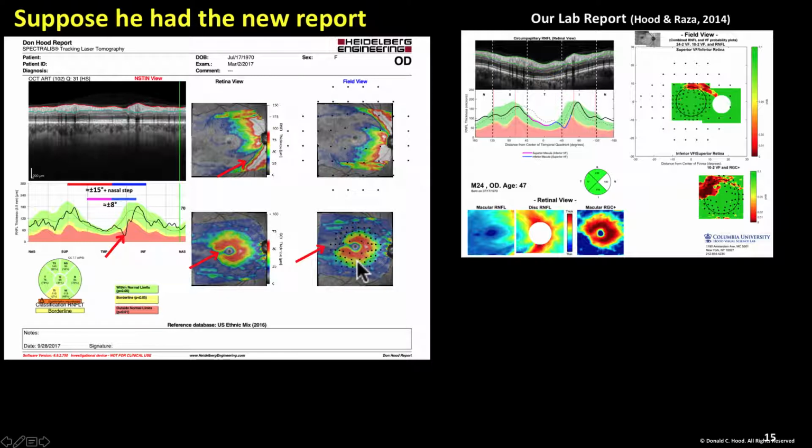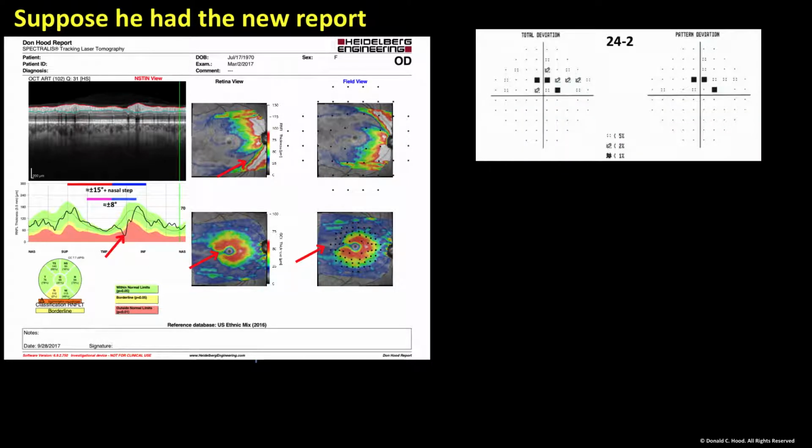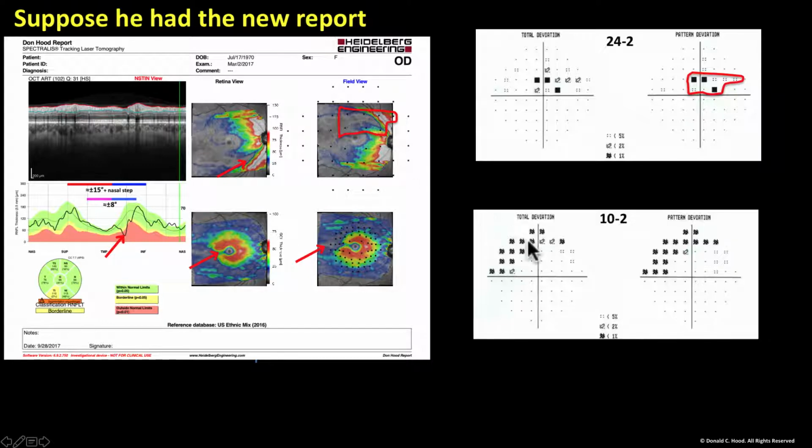Here it is flipped in field view with 10-2 points on top. Here's the 24-2 points. We can circle these and circle the thickness map here. You can see the correspondence. Here's a 10-2. We can circle those points and circle this, and you can see the correspondence.